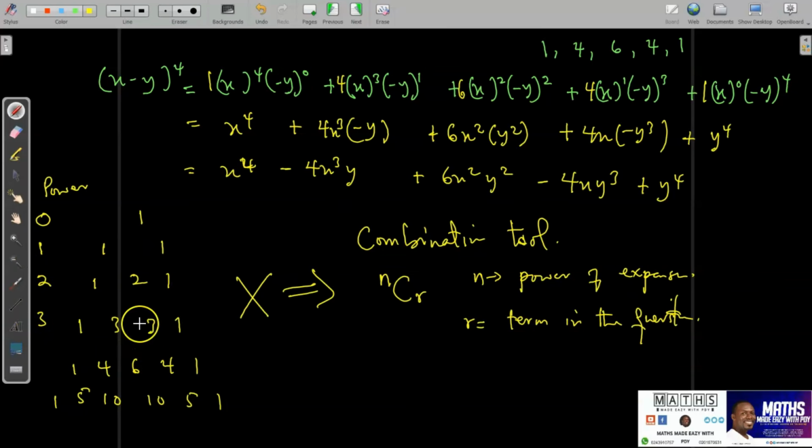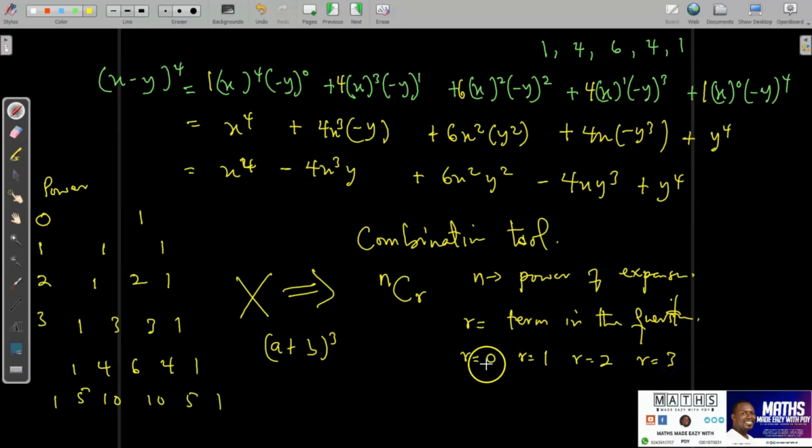So for instance, let me take the third one: (a + b) raised to the power 3. I'm expecting the r value to begin from 0, then go to 1, 2, and then 3.